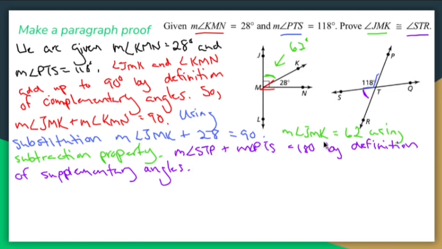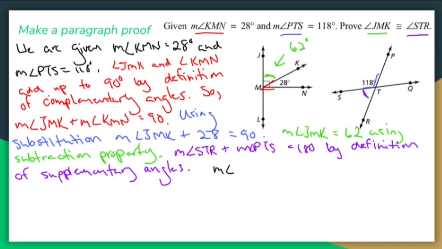So since I can't ever make it that simple because proofs are a nightmare, what I can do now is go back up here and remember that PTS is 118. So the measure of angle, was it supposed to be STP? Wait, that's an R? Oh my gosh. R. So that Stone Temple Pilots joke is dead. And that's still PTS. STR, PTS. All right, I'm good. I don't have my glasses on, so I really can't see anyway.